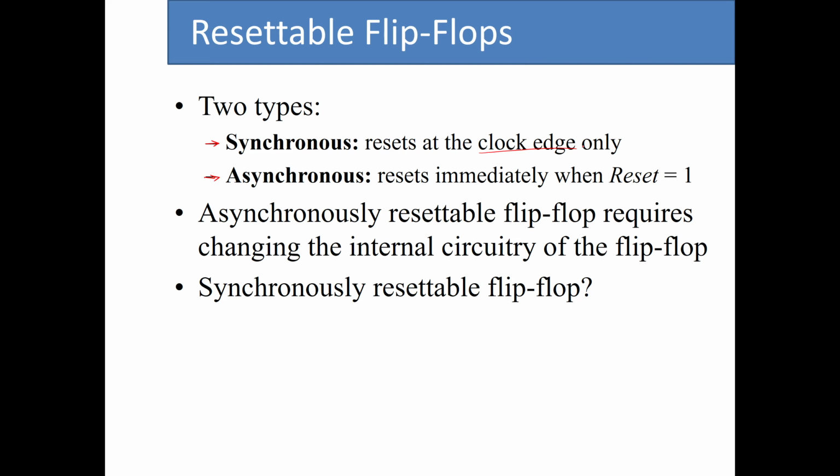So as you can see, when you change the reset signal to 1, the change in the Q does not happen instantaneously. It waits for the next clock edge, and on the next clock edge it makes the output 0. On the other hand, for the asynchronous resettable flip-flops, as soon as you change the reset signal from 0 to 1, you basically immediately force the output to go to 0.